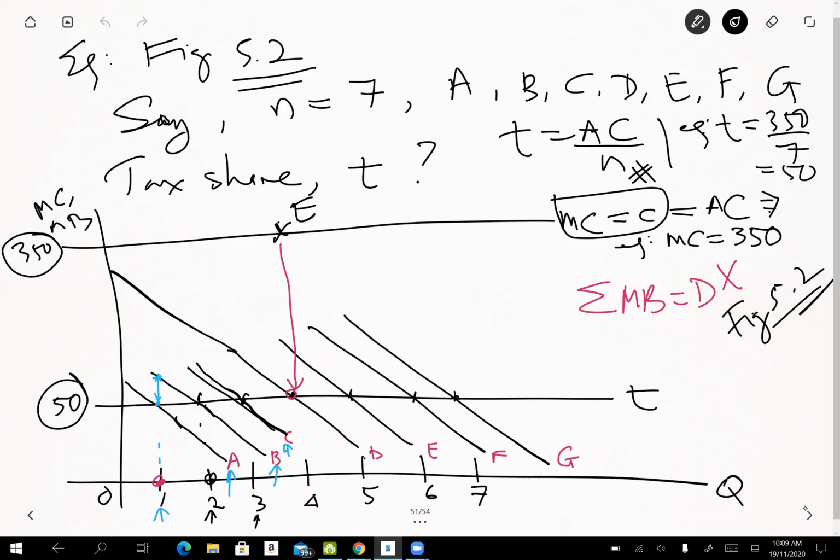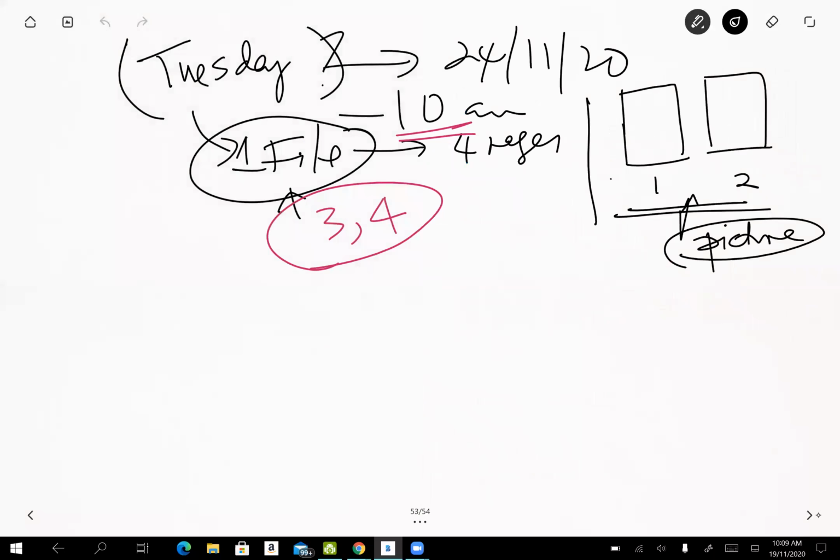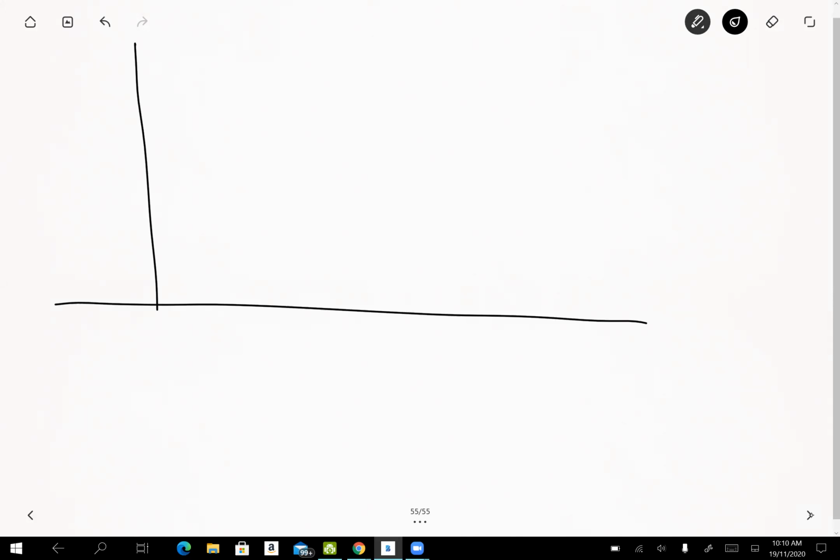Okay, you got it? So you will see the voting process will result in the outcome being the most preferred outcome of the median voter. So all others, if you look at the basic model that we have here, will not have their most preferred outcome.